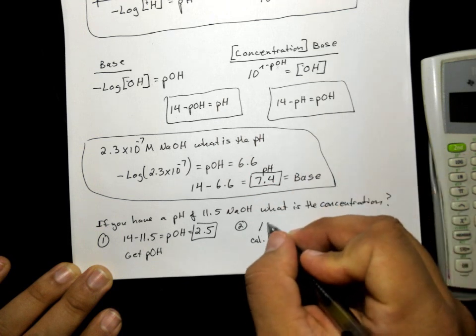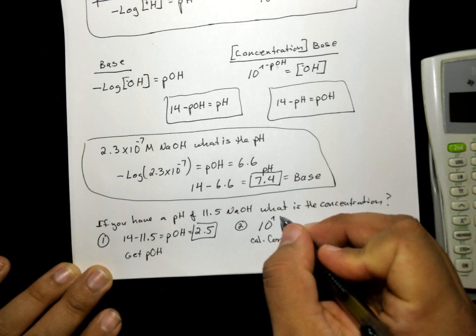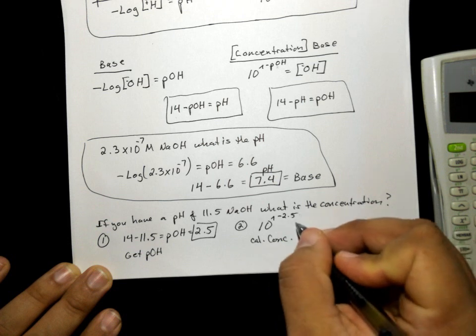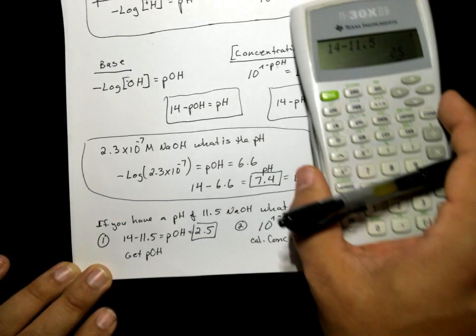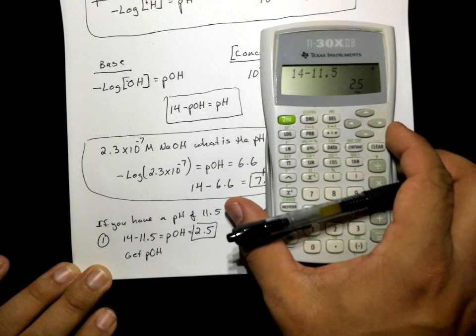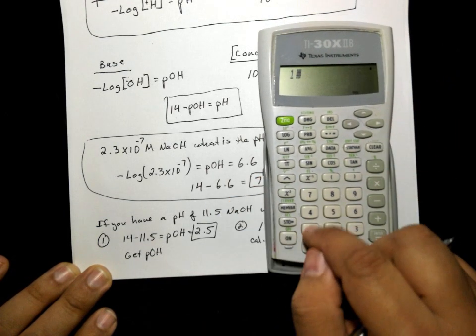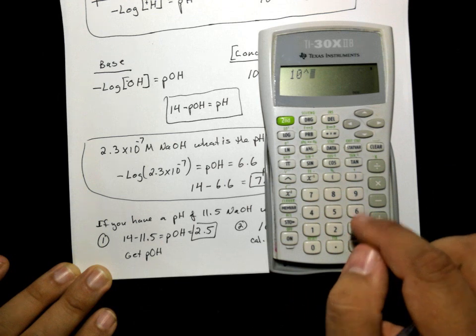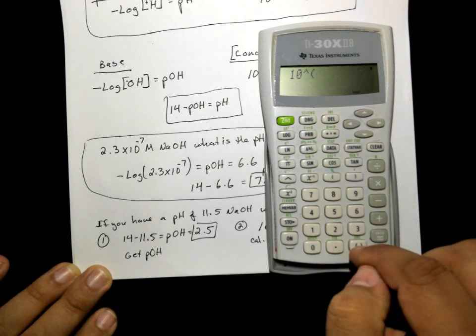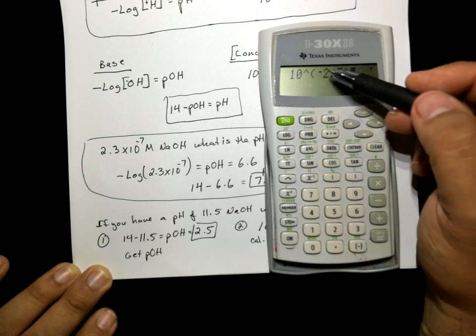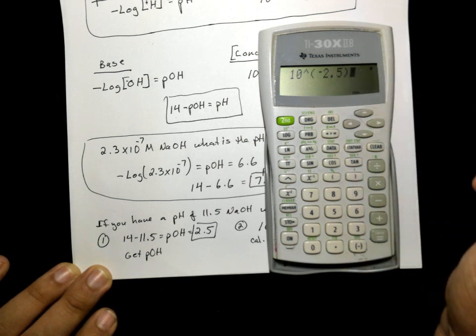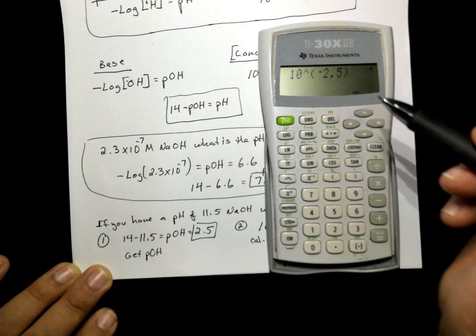So we're going to go 10 to the negative 2.5. Let's clear this out. We're going to go 10 up caret, open parentheses, negative 2.5, close parentheses. Don't forget that negative, guys, or you're going to get some big number that doesn't match up. You have to have that negative.